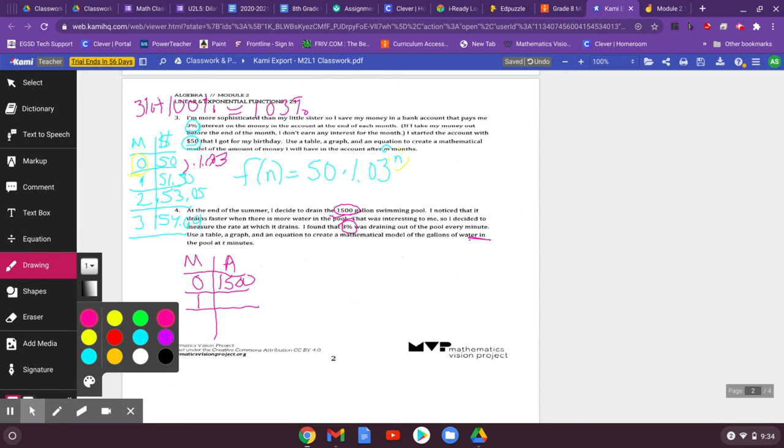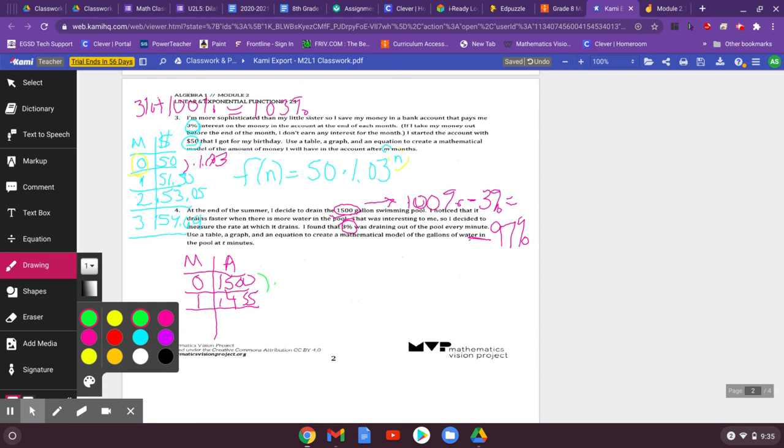At 1 minute, it's 3% less. Well, what's a 1,500 as our percent? 100. It's at 100% capacity right now. If we lose 3%, we're taking away 3%, which means we now have 97% in our pool. So if I take 1,500 times 0.97, I'm going to get 1,455.